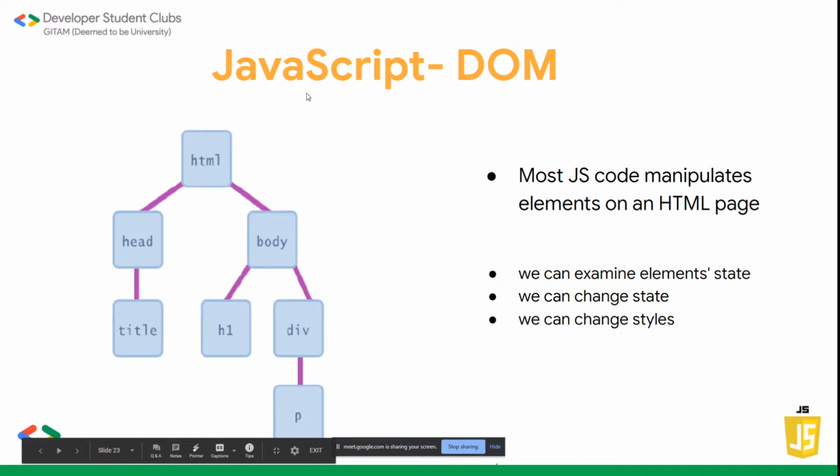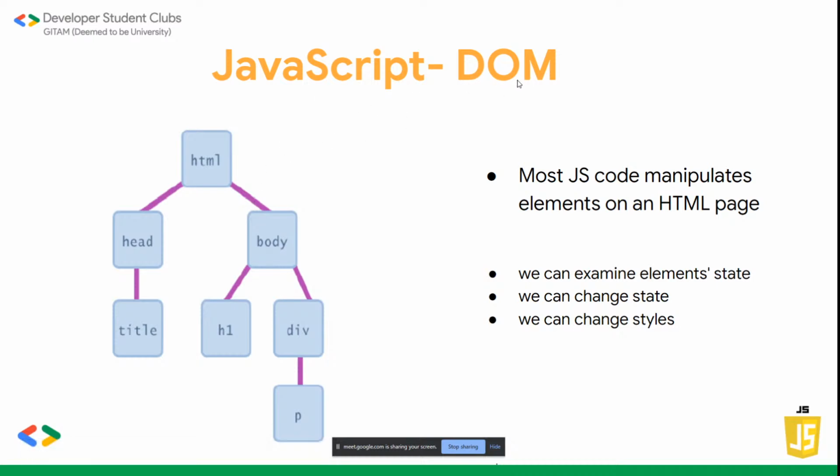With the help of the document object model, we can examine the element state, like what is the value of this h1, what is written inside h1. We can change the state also. We can change styles, colors, bold, font size, everything using the JavaScript document object model.